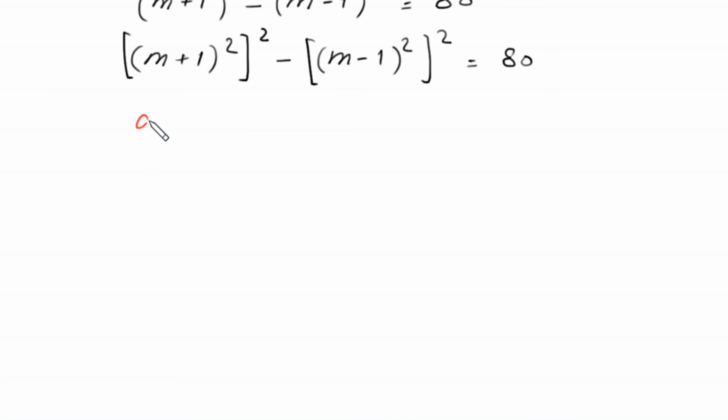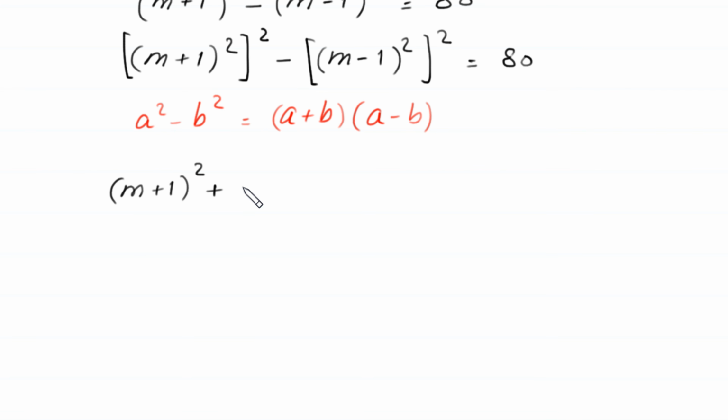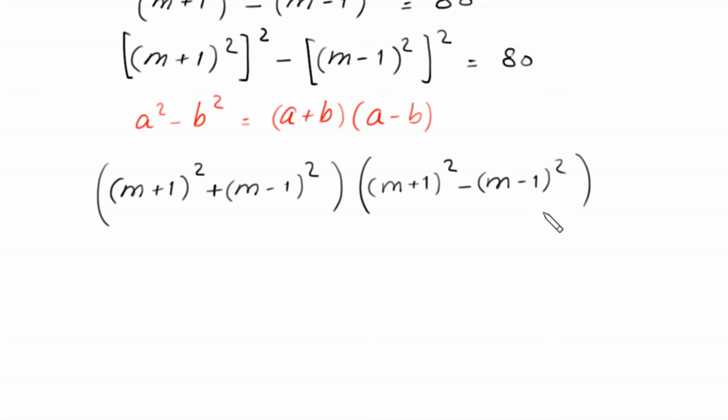So by using this algebraic identity, a squared minus b squared is equal to a plus b times a minus b, this expression will become ((m plus 1) whole squared plus (m minus 1) whole squared) times ((m plus 1) whole squared minus (m minus 1) whole squared) is equal to 80.